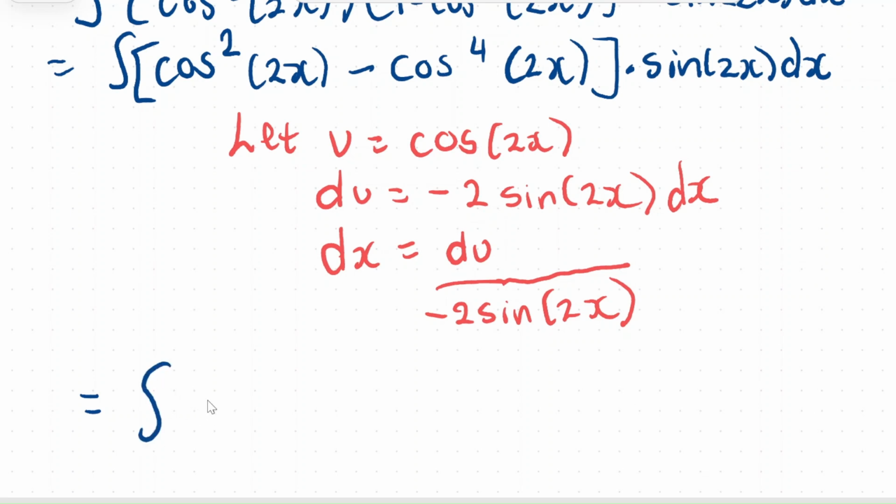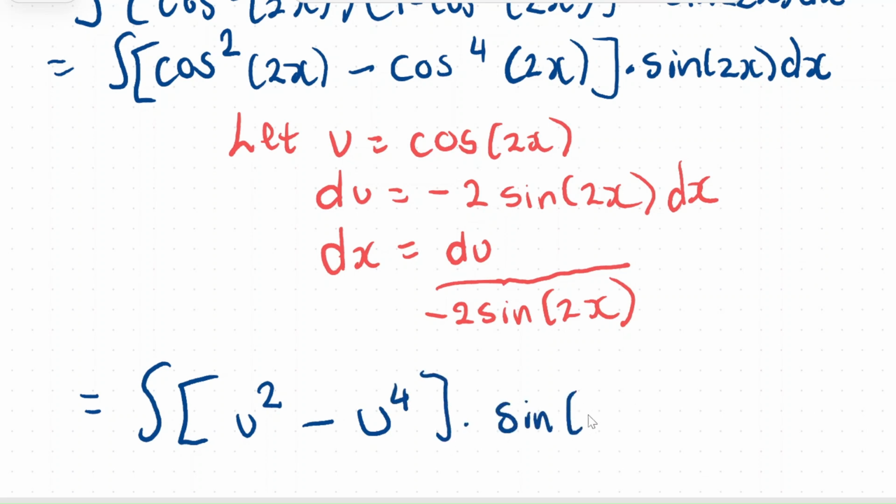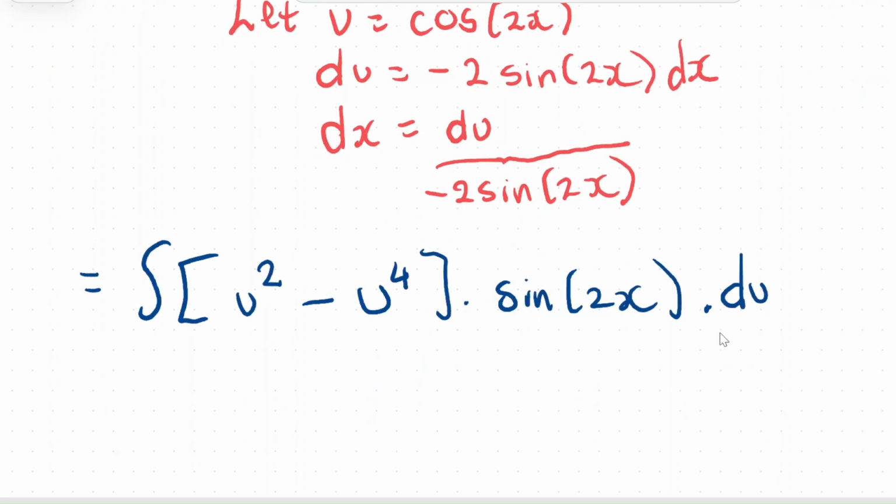So that gives us the integral of u squared, because we said u is equal to cos 2x, minus u to the power of 4 multiplied by sine 2x, which would be multiplied by our new dx, which is du divided by minus 2 sine 2x.